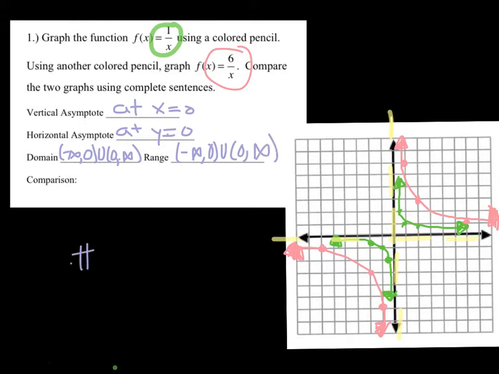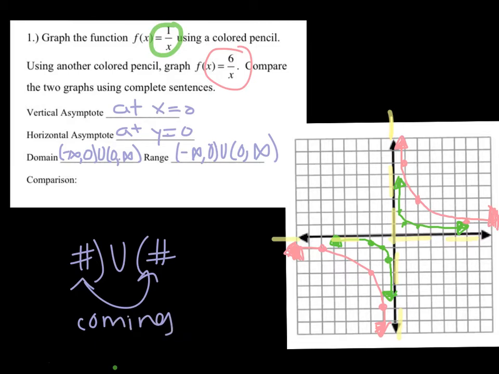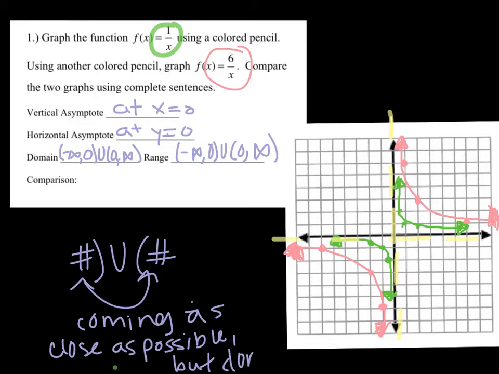So when you have a number with parentheses at that union, that means we're coming as close to that value as possible, but actually skipping it and not including it. That's all that's saying.